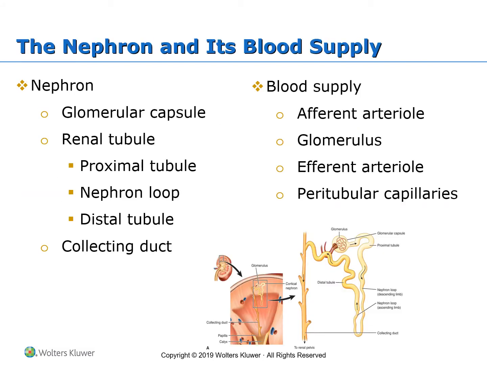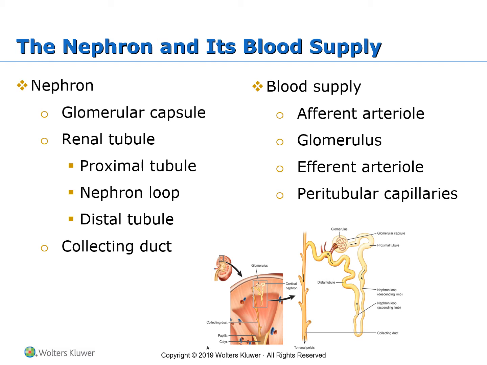We are moving now a little bit more in depth into the structure of the kidney. In order to understand the function, we need to understand the structural unit that performs it. The basic unit that actually produces the urine is called the nephron.